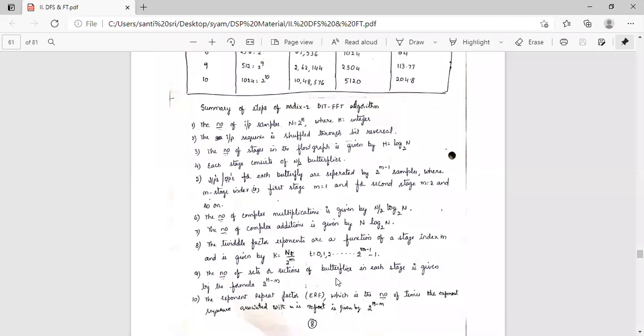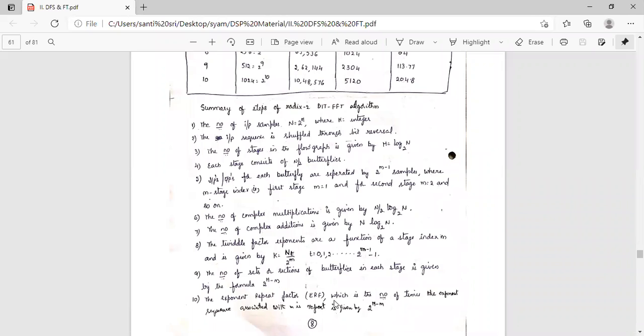Next, the number of sets or sections of butterflies in each stage is given by 2 power M minus m. The exponent repeat factor, ERF, which is the number of times the exponent sequence associated with the twiddle factors repeats, is given by 2 power M minus small m.